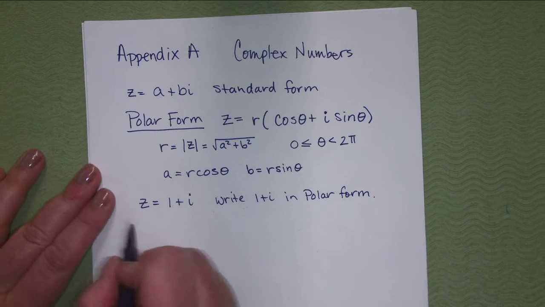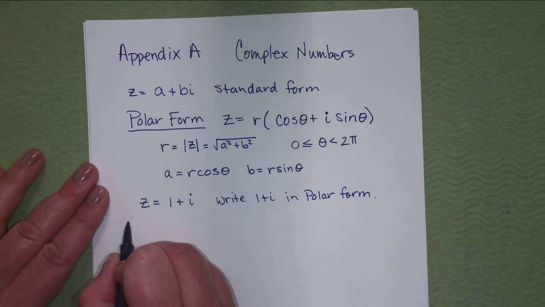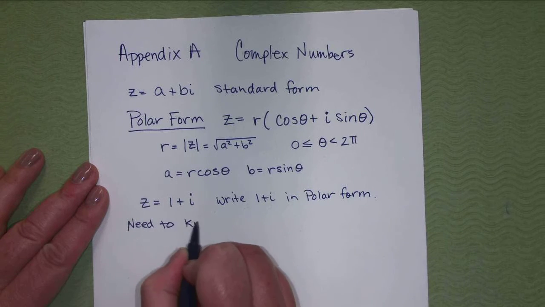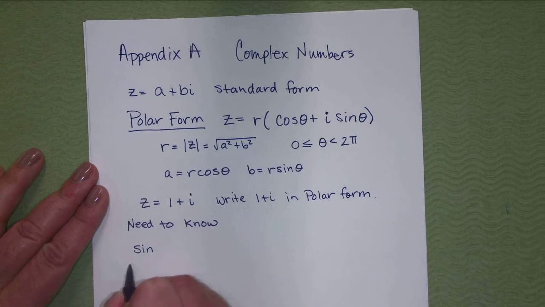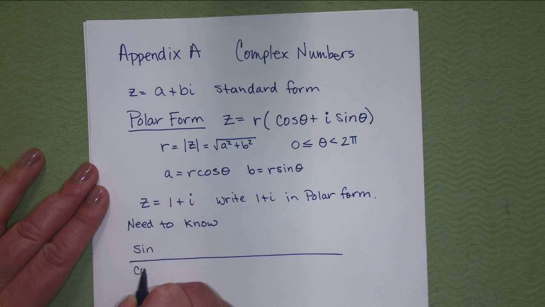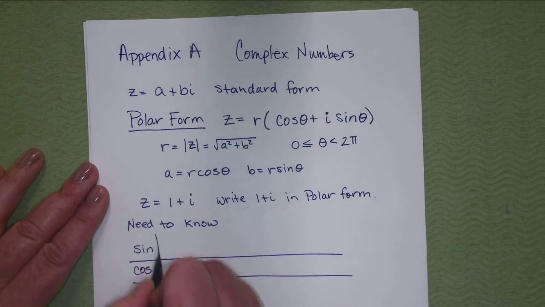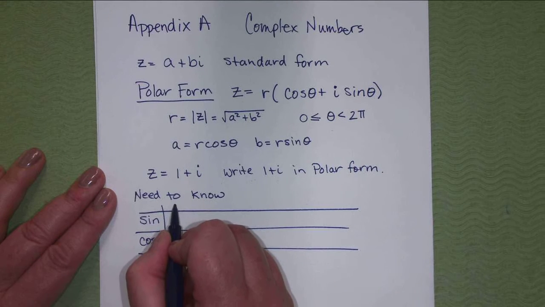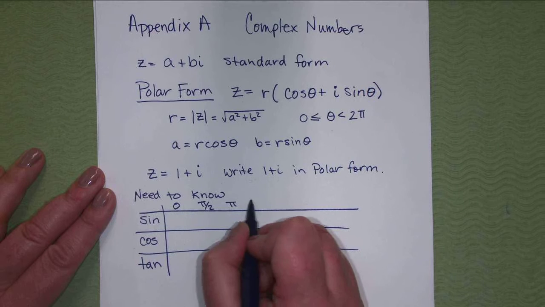Okay, so we need your trig values. Our basic trig values for sine, cos, and I'm going to put tan here because I'm going to show you how I do it after, which involves tan. So 0, pi over 2, pi, 3 pi over 2, 2 pi.